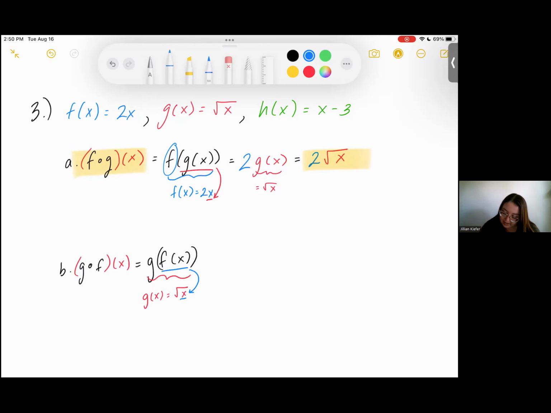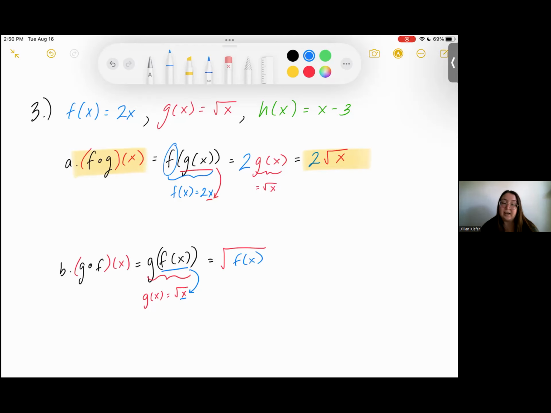So when we write out this answer here, we start by writing out what g of x is supposed to be. It's supposed to be the square root of x, but we don't have x, we have f of x. So it's the square root of f of x.